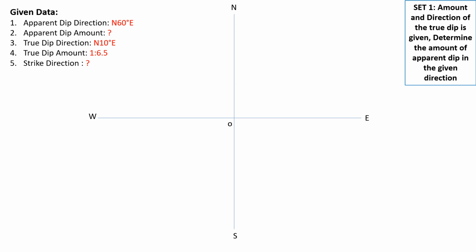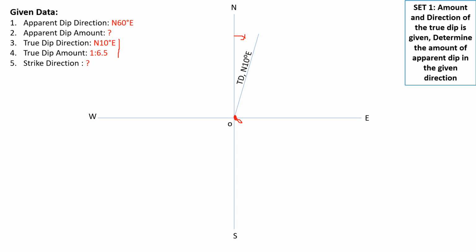So first we have both the data for true dip, that is direction as well as amount. So we'll plot the north 10 degrees east direction and mark 6.5 as the amount. I'll measure from point O. I'll draw the north 10 degrees east line.